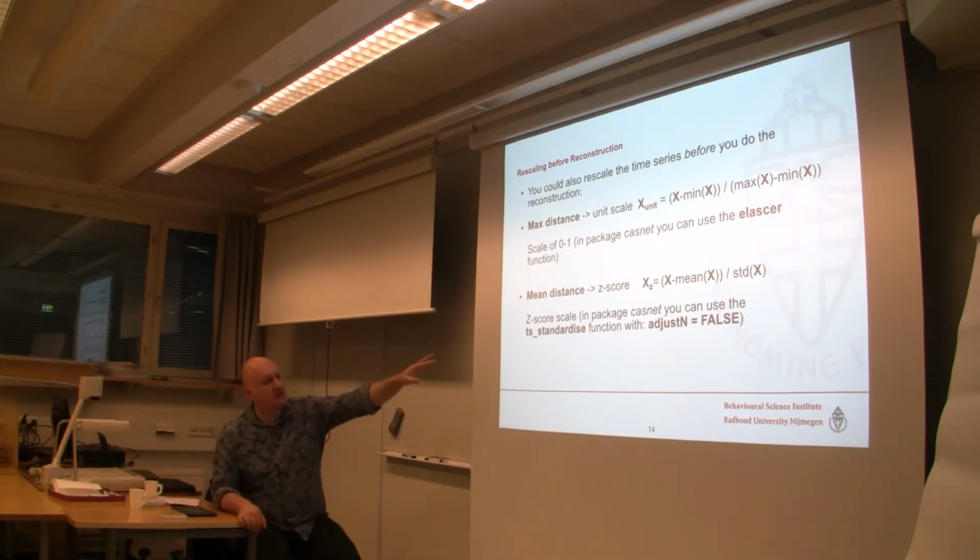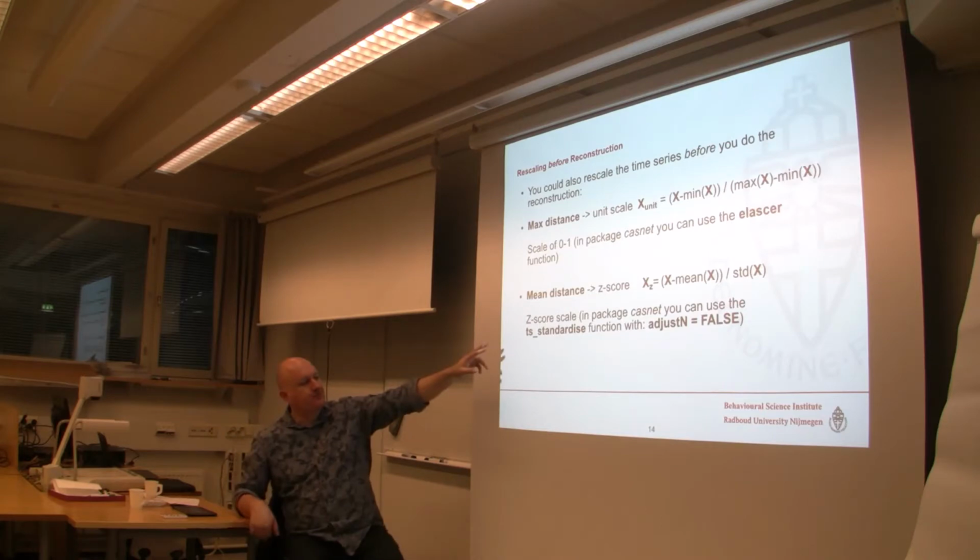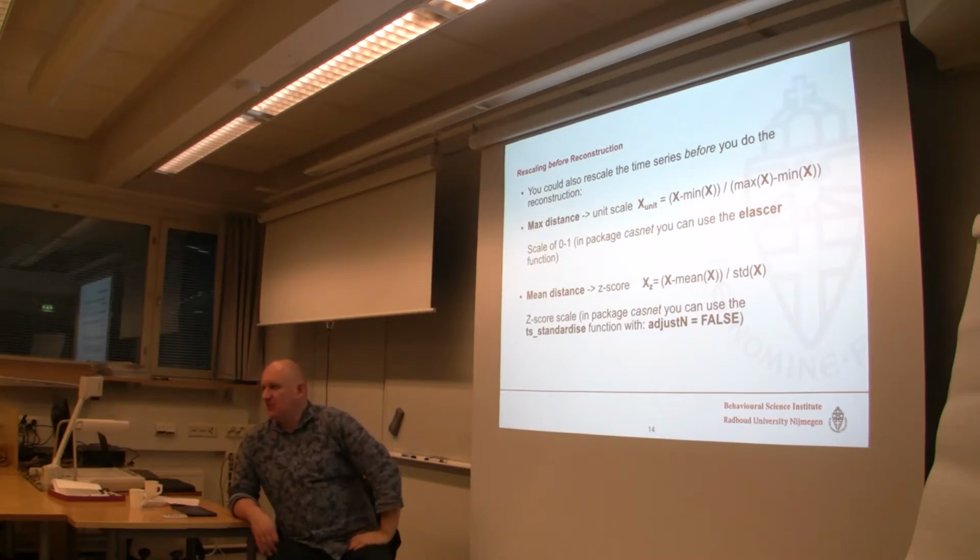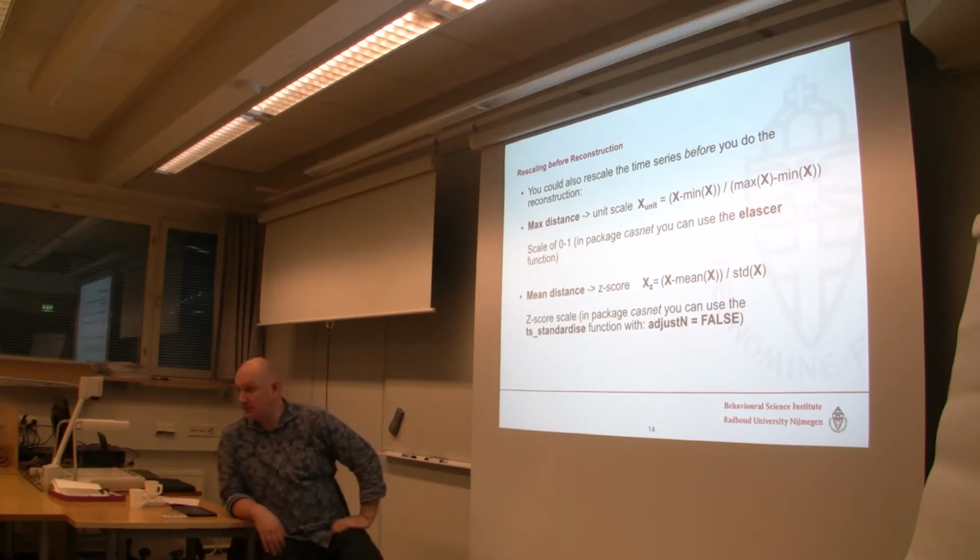Oh yeah, another thing. When physicists talk about standard deviation, they talk about really the standard deviation and not the adjustment that we always use in statistics for estimates of population parameters.